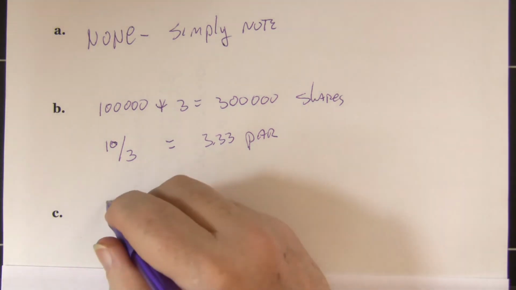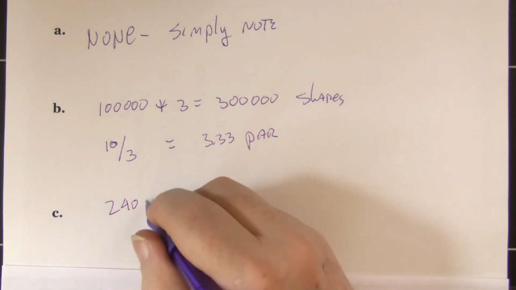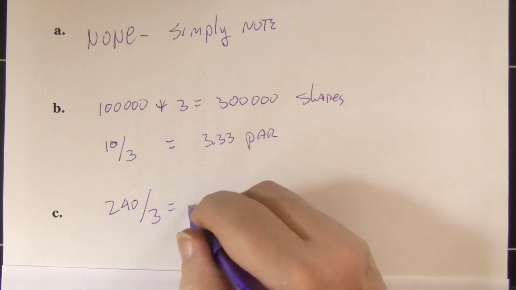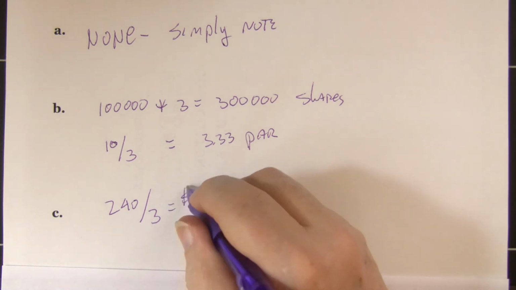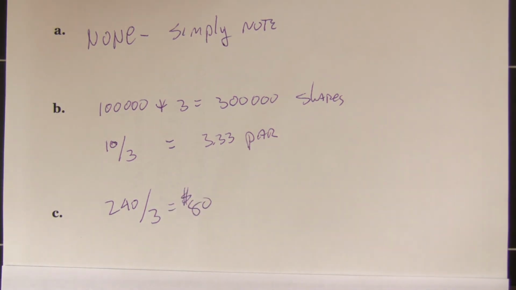That's where we started. $240 divided by 3, $80. Now, if the market likes that, that price may quickly go up again. If the market doesn't like that, that price may go down. But theoretically, the minute there's that split, that would be the perceived market value of the stock.